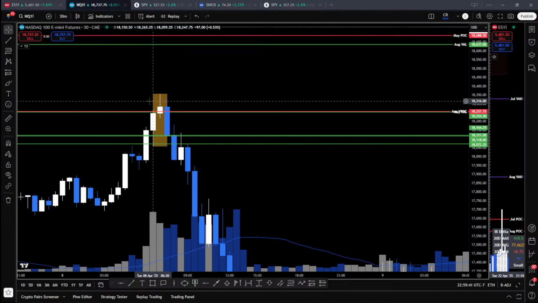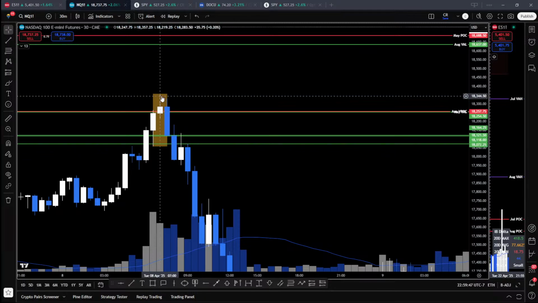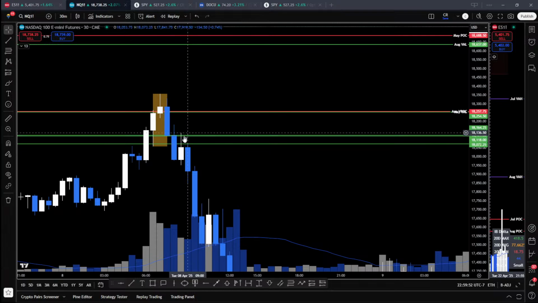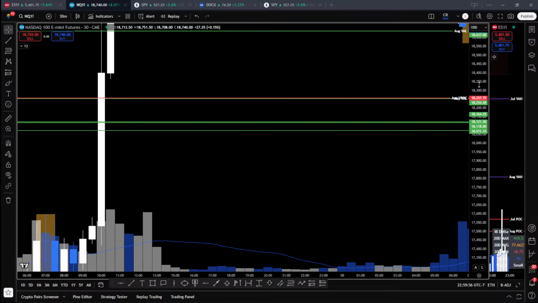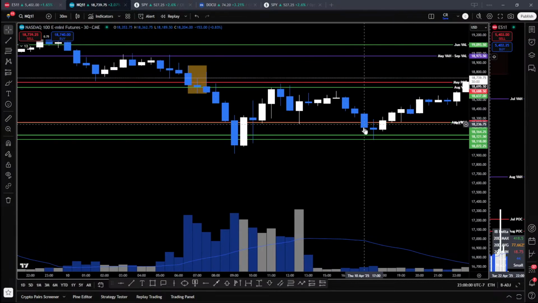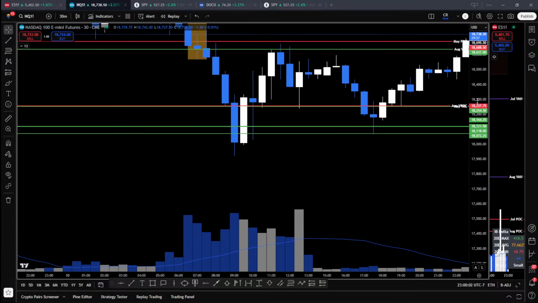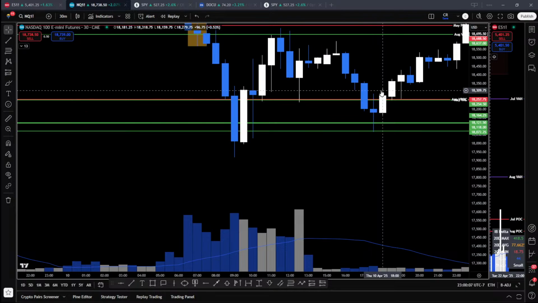Whereas here at 1872-ish, we bounced off of it, right? Here 118 was rejection. But as we get closer and closer over here, you'll start to see that this 1872 level was being respected way more than 118 was.